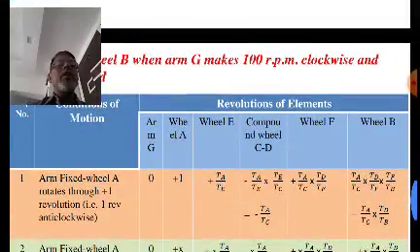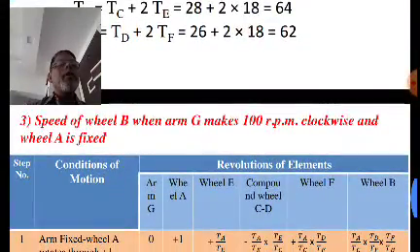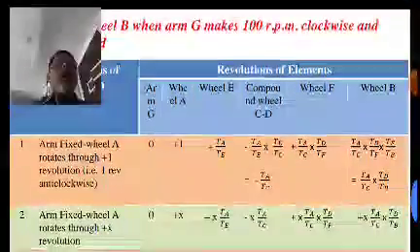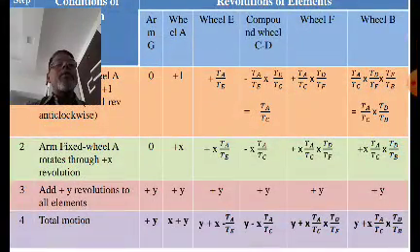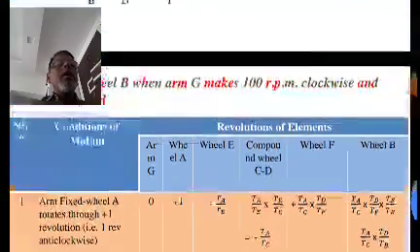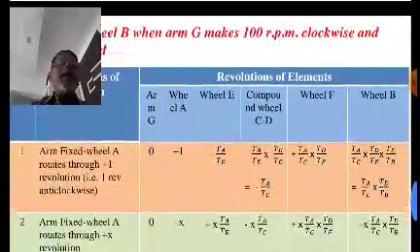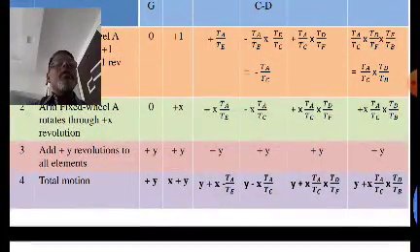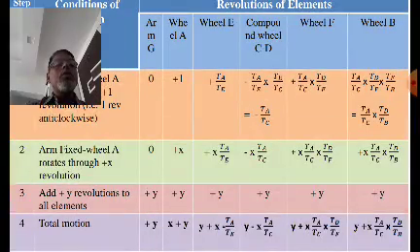Now what is asked here? Here it is asked to calculate the speed of the wheel B when arm G makes 100 RPM. Now arm G makes 100 rpm, that means the total motion of the arm is Y, so Y is equal to 100, right? And the wheel A is fixed, that means the total revolution of wheel A, X plus Y, is equal to 0.